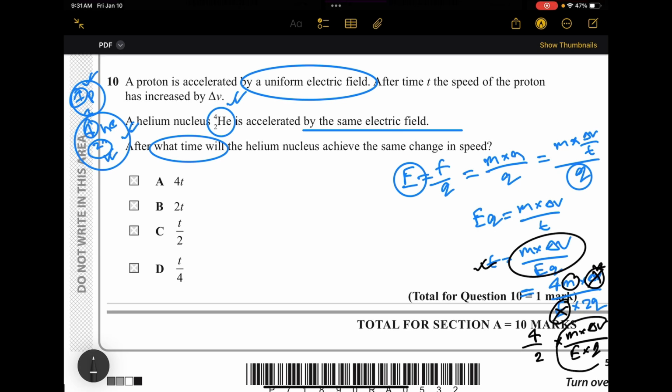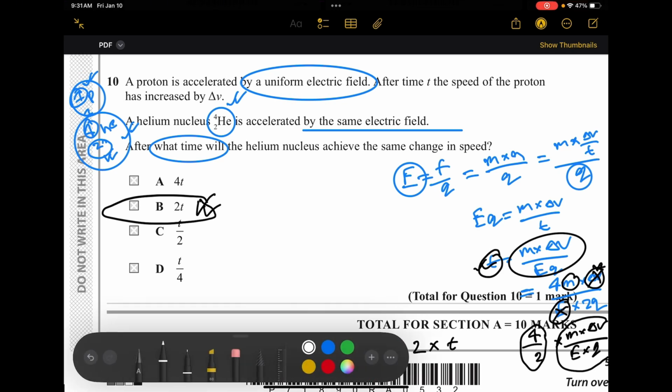It is exactly the same, but the difference is just this 4 by 2. So we can say that this time will be 4 divided by 2 into this time, so the value will be 2 times. So we can write our answer as B. Our correct answer is B, which is 2T.